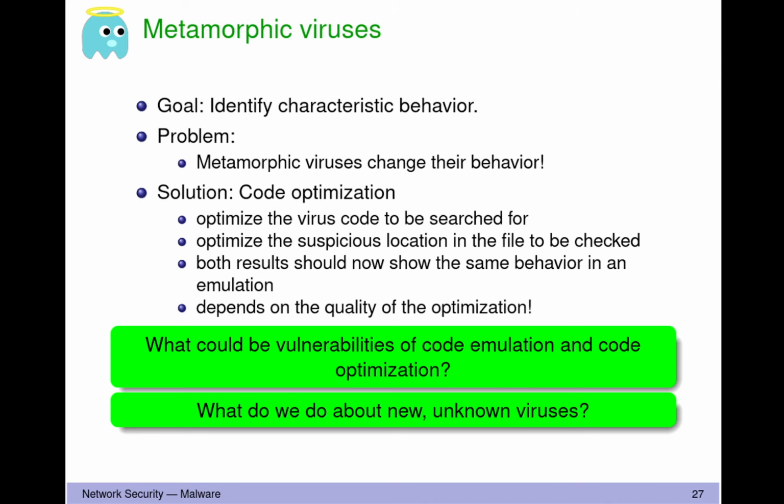And this is only about known viruses. So all the signatures are only applying to known viruses. So what do we know about unknown viruses? What should we do?